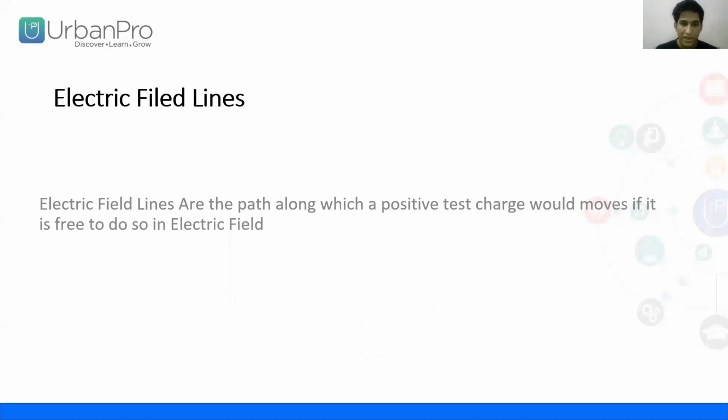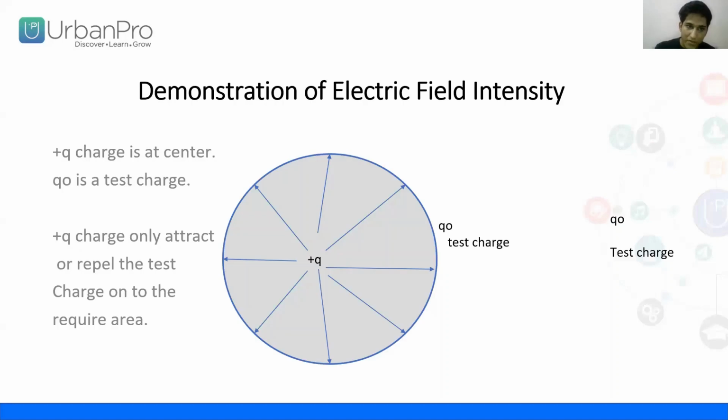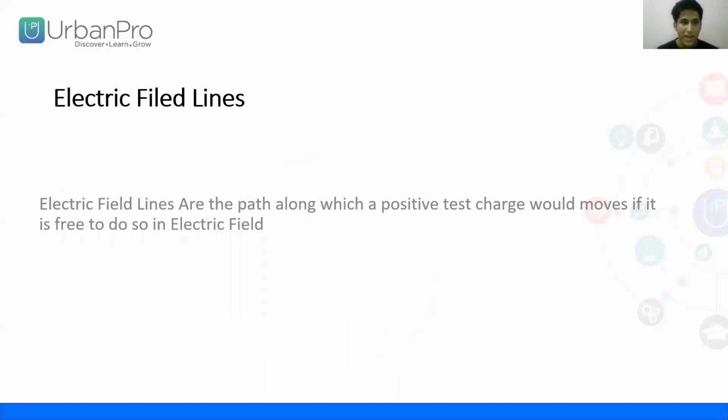So what are electric field lines? Like I told you in the previous slide, these arrows are the electric field lines. These lines tell you whether a charge will experience a force or not, and how far the circumference is where you can experience some force.